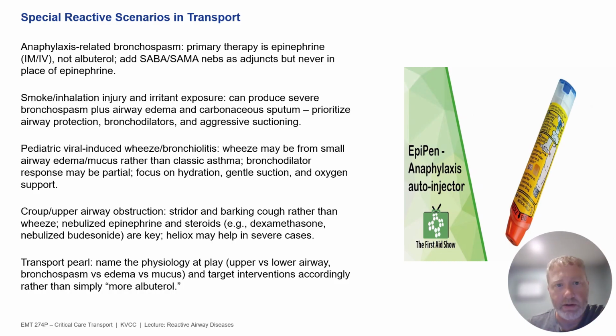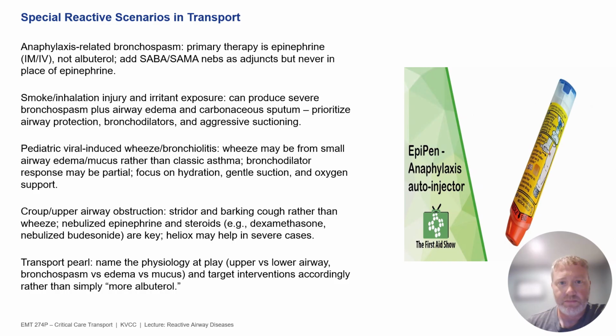Epi is the drug that addresses that. It addresses both the vasodilation and indirectly the bronchospasm simultaneously. Albuterol is an adjunct. It's not going to hurt anything, but it should not be the lead drug that you give.